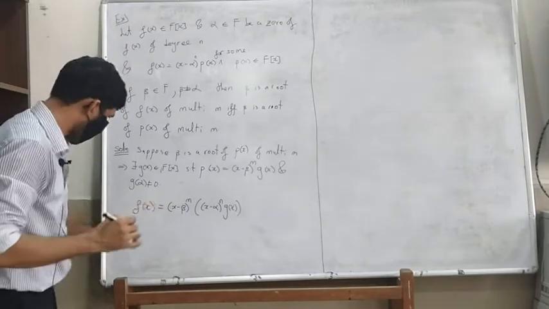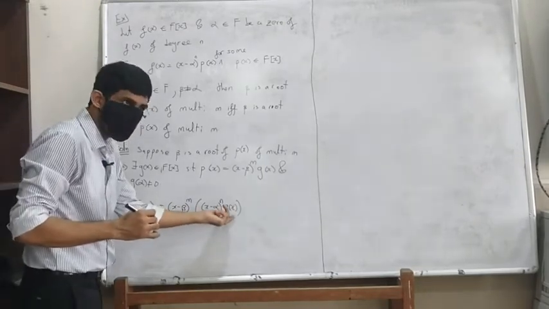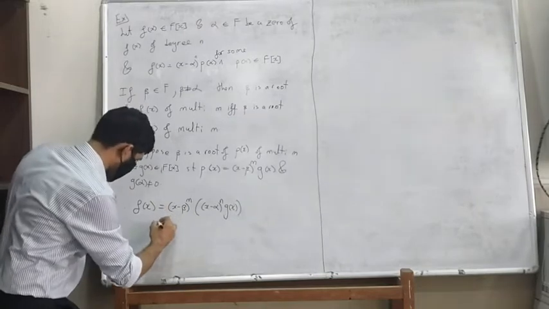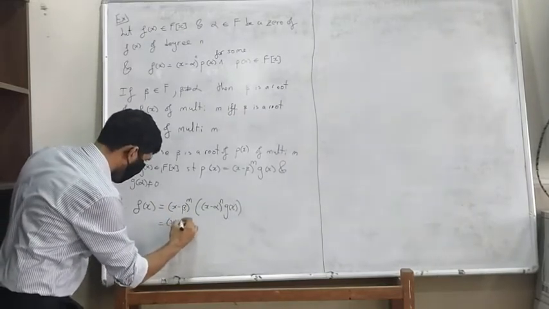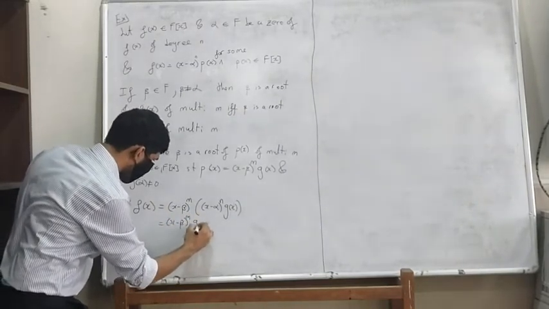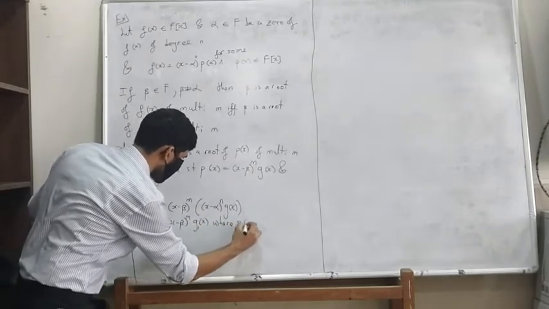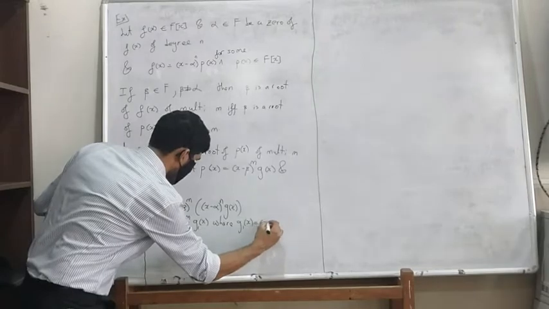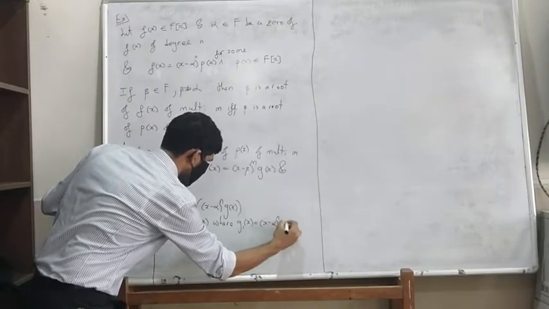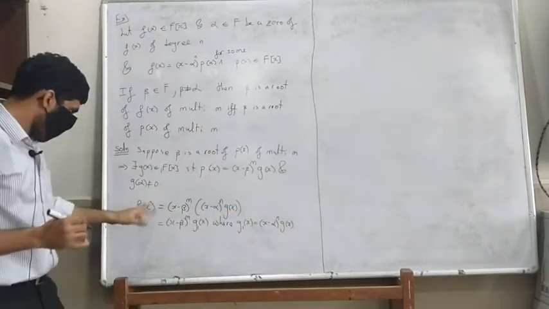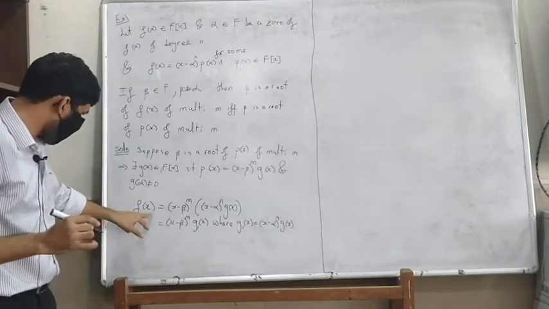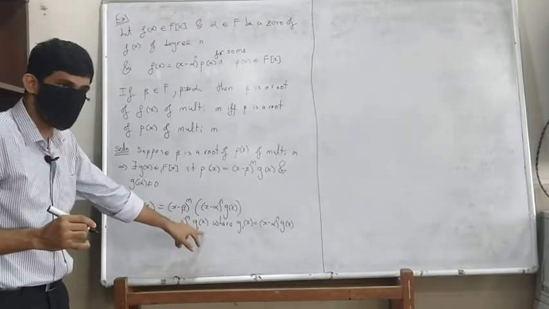Okay. Now I can write this as some g1 of x, where g1 of x is x minus alpha raised to n times g of x. Now I have got f of x as x minus beta raised to m times g1 of x.